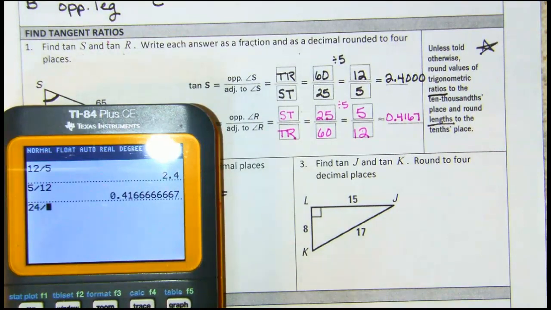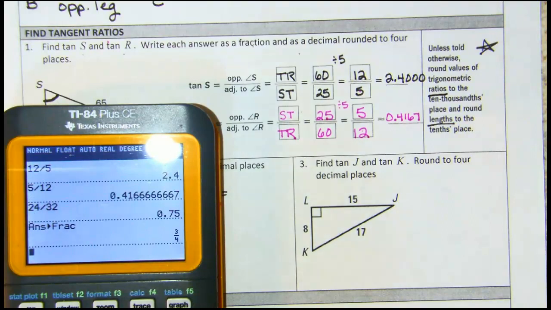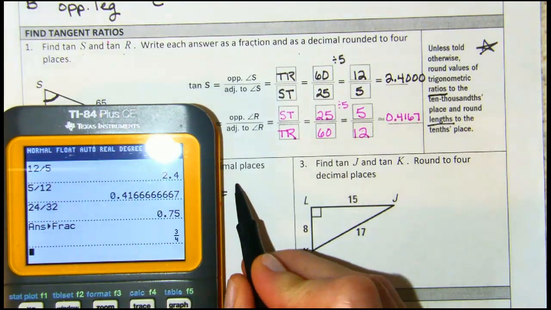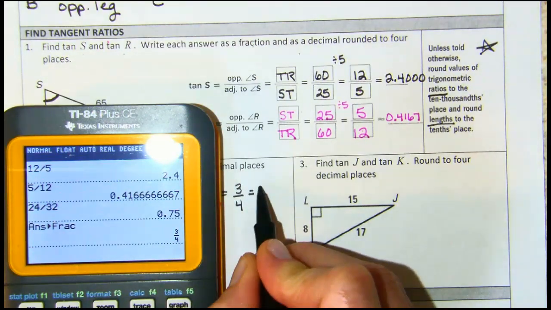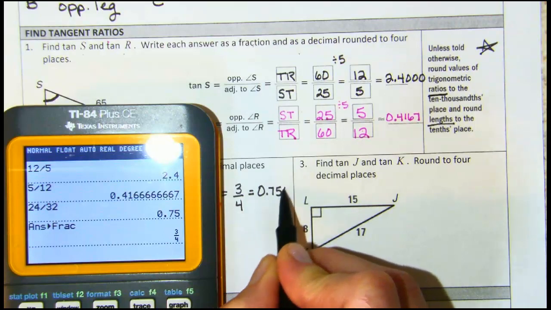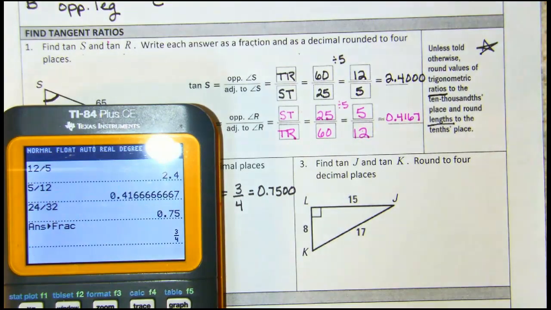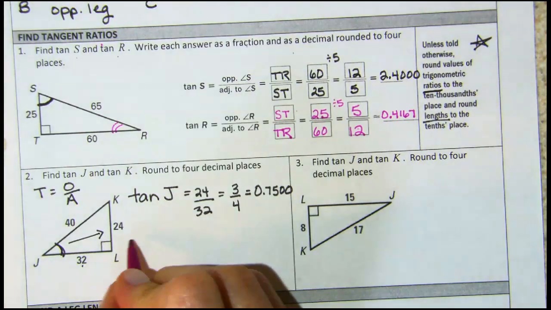If it did tell us to do a fraction, we would go math fraction and get 3/4. So for this one, it's equal to 3/4. And this one would be equal to 0.7500.